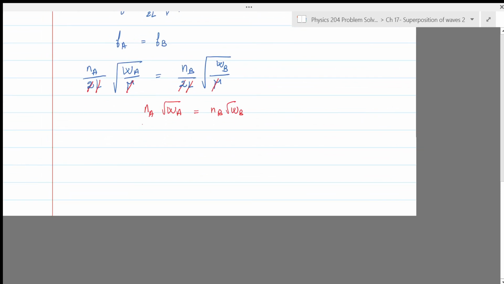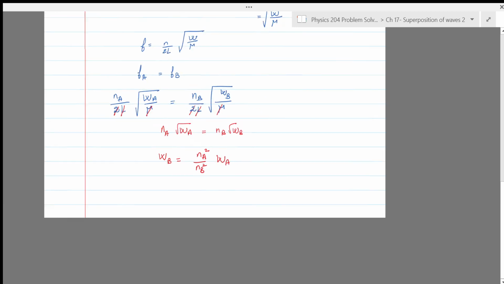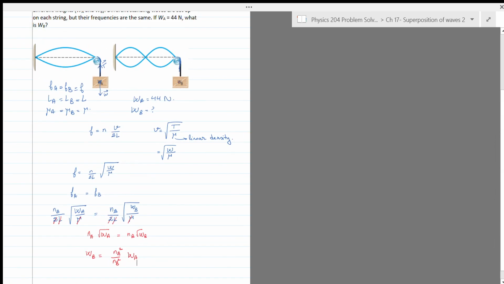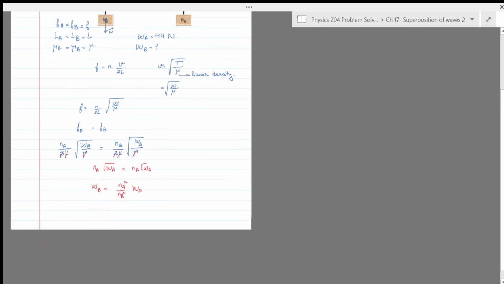Now we're looking for WB, the weight that is hanging from the string in the second situation. So if we rearrange, this is the equation that we will get. All we have to do is substitute n. As we can see in this situation, nA is equal to 1, while here nB is equal to 2.